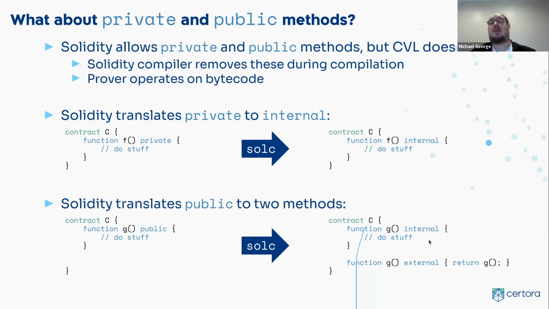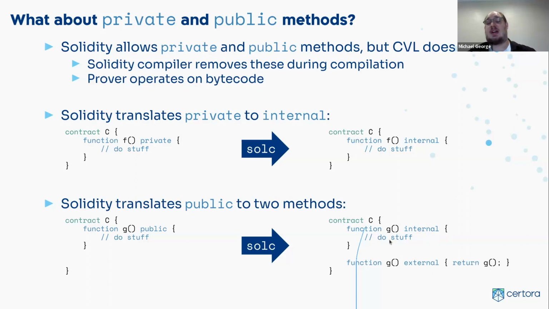So when you go to write a summary, if you want to summarize a public method, you have to decide whether you want to summarize the internal one, the external one, or if you want, you could summarize both. Usually what you want to do is summarize the internal one, because then internal calls to this method will use your summary, and external calls will call the internal method, which will use your summary.